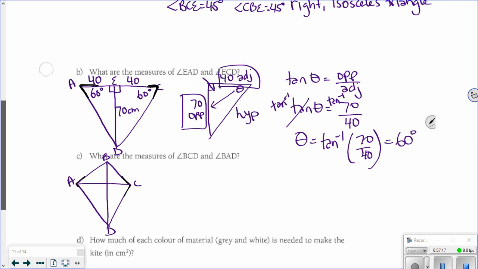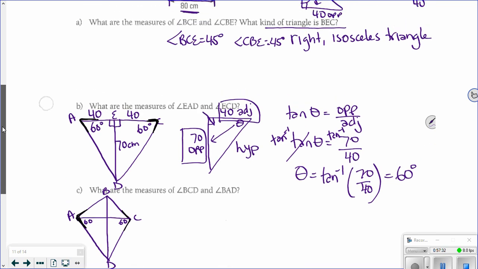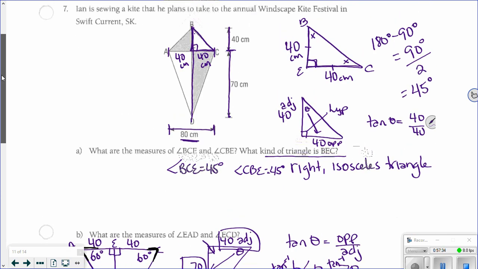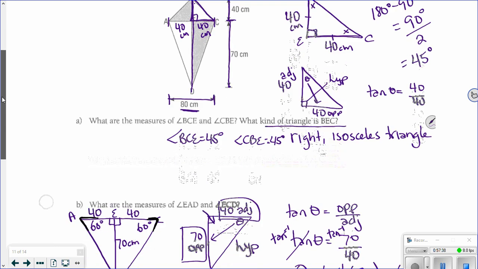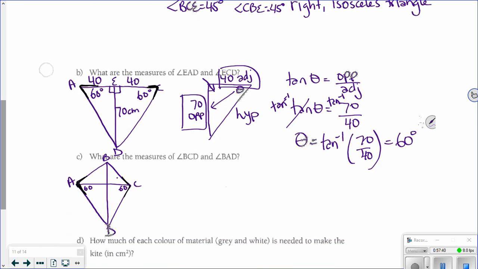BAD is this angle right here. And if I fill in everything I know at this point, I know that this is 60. This is 60. I know that from my top piece, each of my angles at the top were 45. So this is 45, this is 45, this is 45, this is 45.